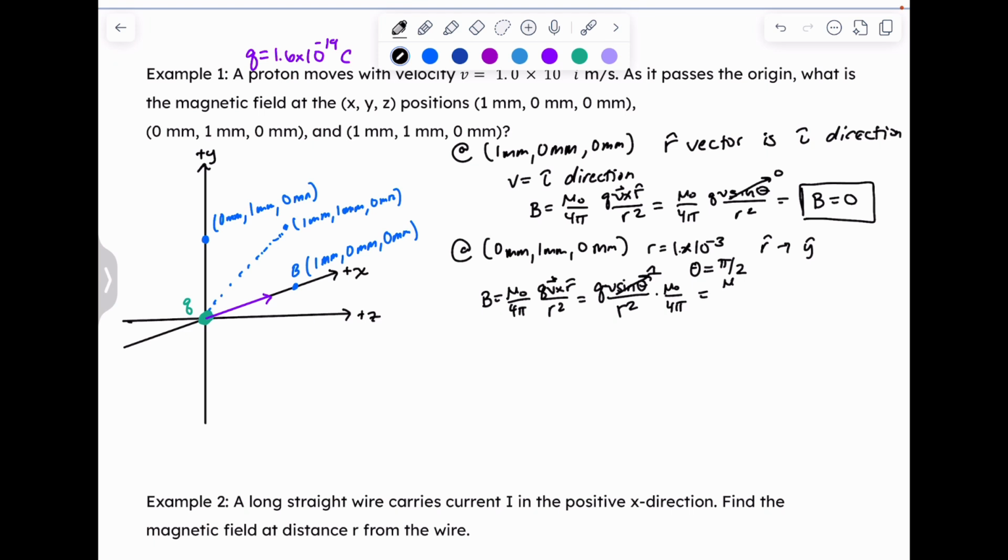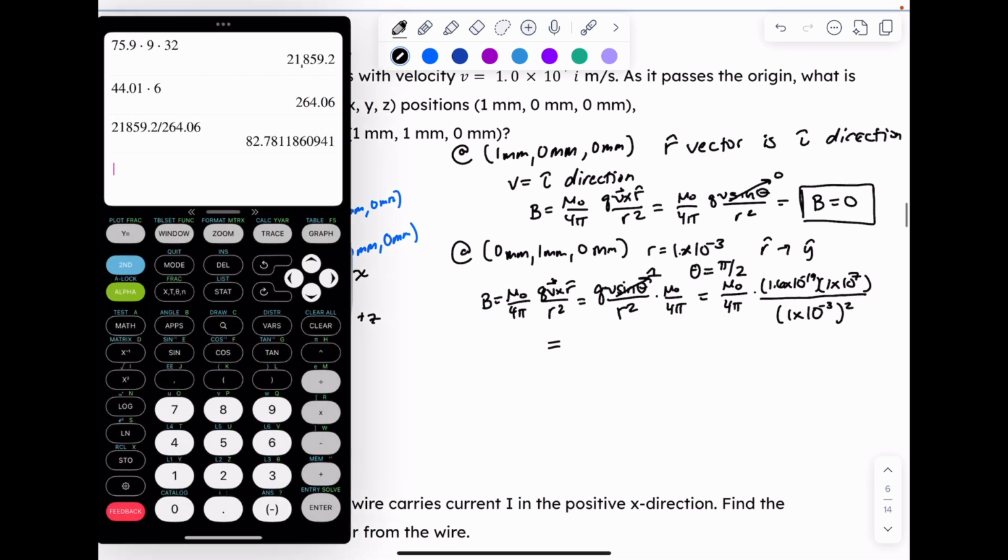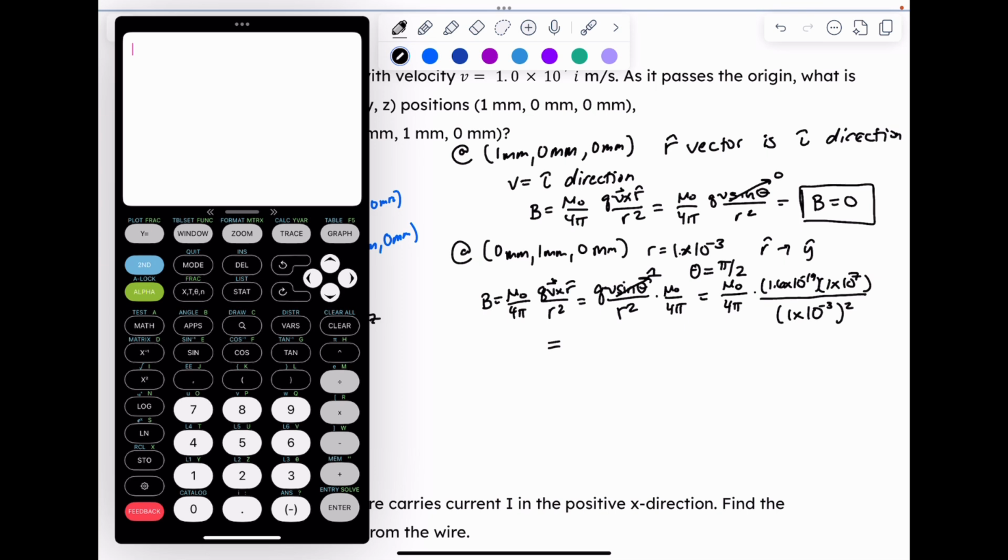So when we plug this in, we'll do mu naught over 4 pi times 1.6 times 10 to the negative 19, times our v, 1 times 10 to the 7, and then our r, 1 times 10 to the negative 3 squared. Mu naught over 4 pi is 10 to the negative 7.